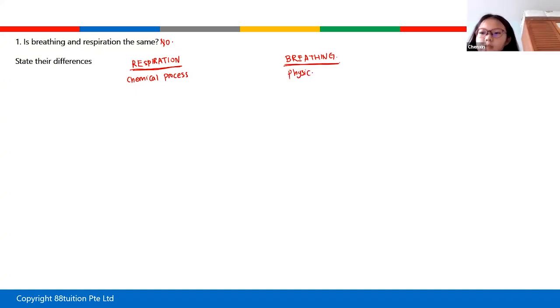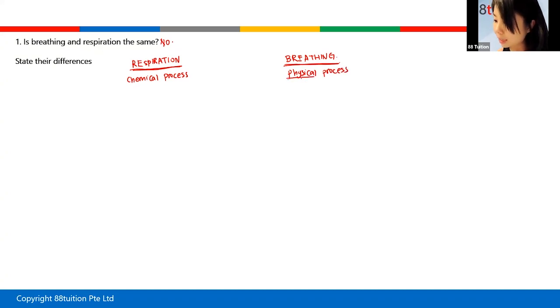Good. So my new students, what do I mean? Let's talk about physical process first. Physical process is basically your body moving. For example, waving is a physical process because I'm just moving my hand. Tying my hair is a physical process because I'm just moving my hand to tie my hair. Breathing is the same. Breathing is breathing in and breathing out.